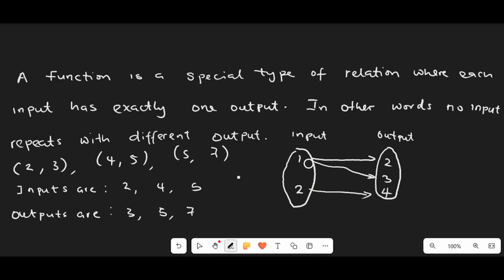And this relation is not a function because 1 in our input has more than one output. It is mapped with 2 and at the same time also with 3. So it is not a function.